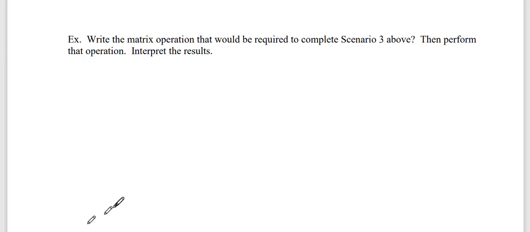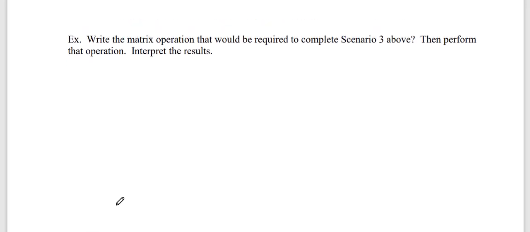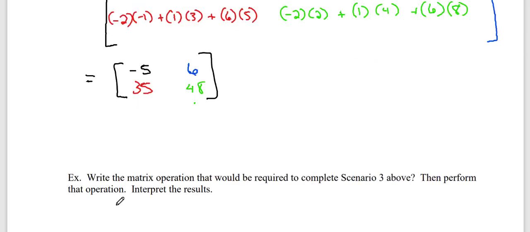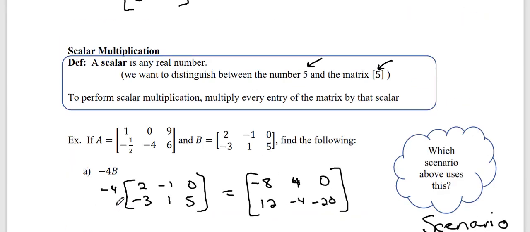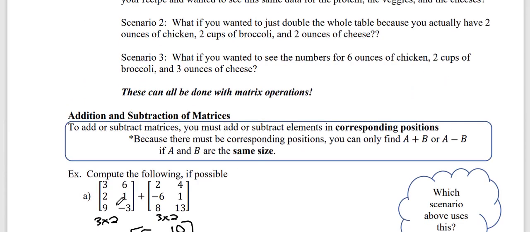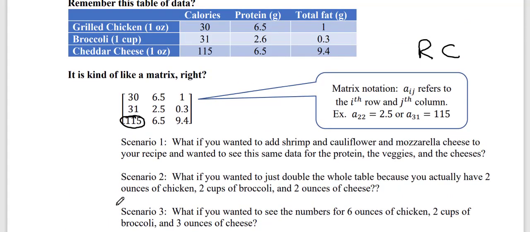Write the matrix operation that would be required to complete scenario 3 above, then perform that operation and interpret the results. Let's go back up. Scenario 3 says, what if you wanted to see the numbers for 6 ounces of chicken, 2 cups of broccoli, and 3 ounces of cheese?